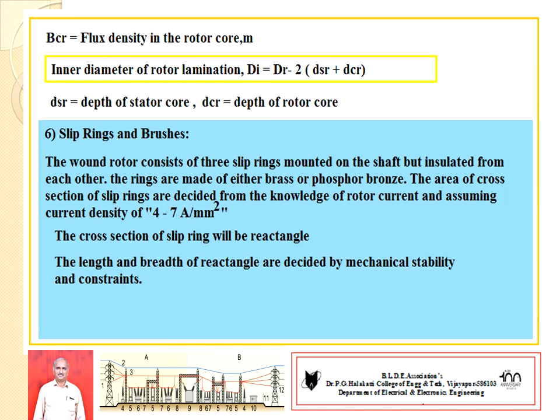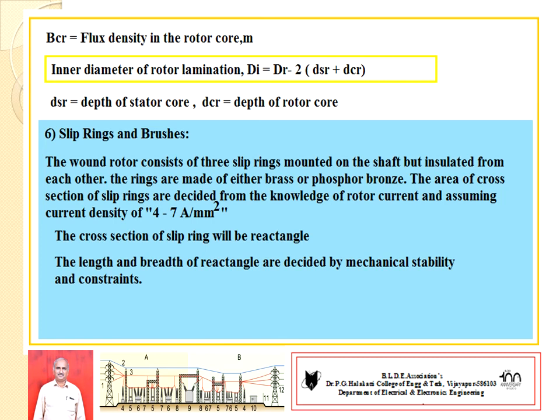Then lastly, you can see the slip rings and brushes. The wound type of rotor consists of 3 slip rings which are mounted on the shaft and insulated from each other. The rings are made of either brass or phosphor bronze.